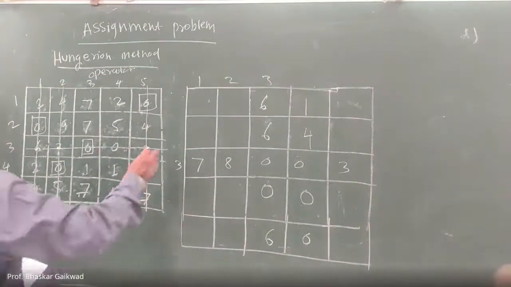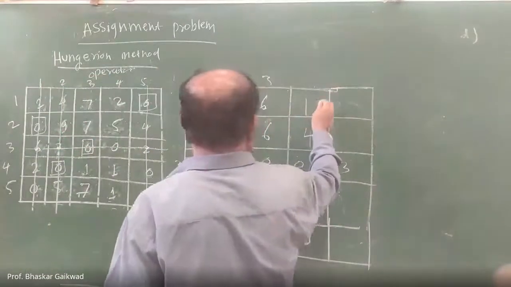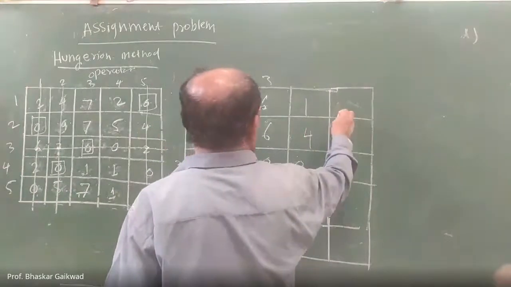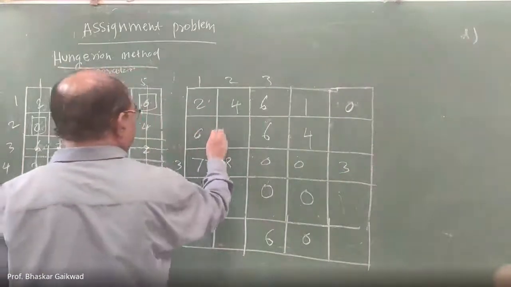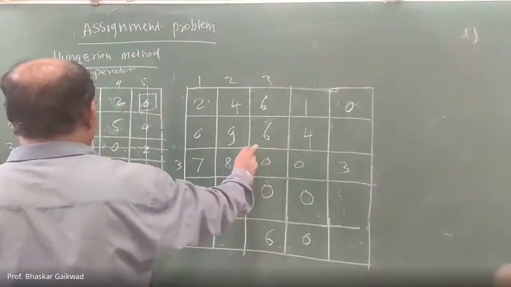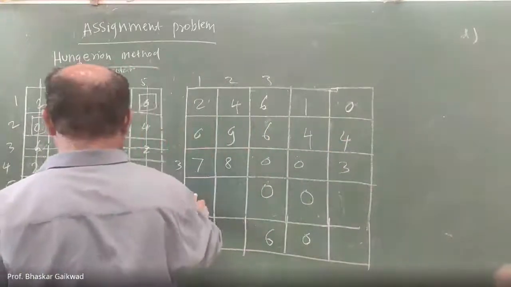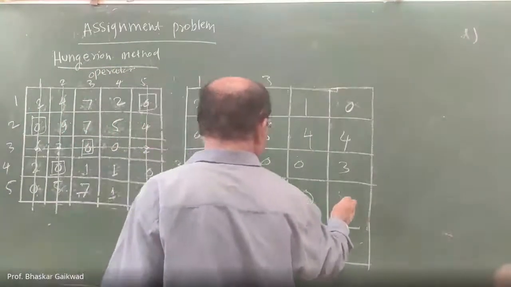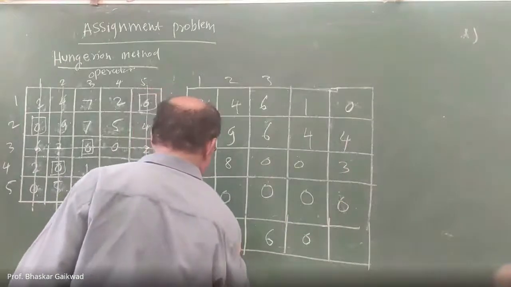So here 2, 4, 2, 4, and here it is 0, 0, 9, last one 4. Now here it is 2, 0, 0, 0, 0, 1.